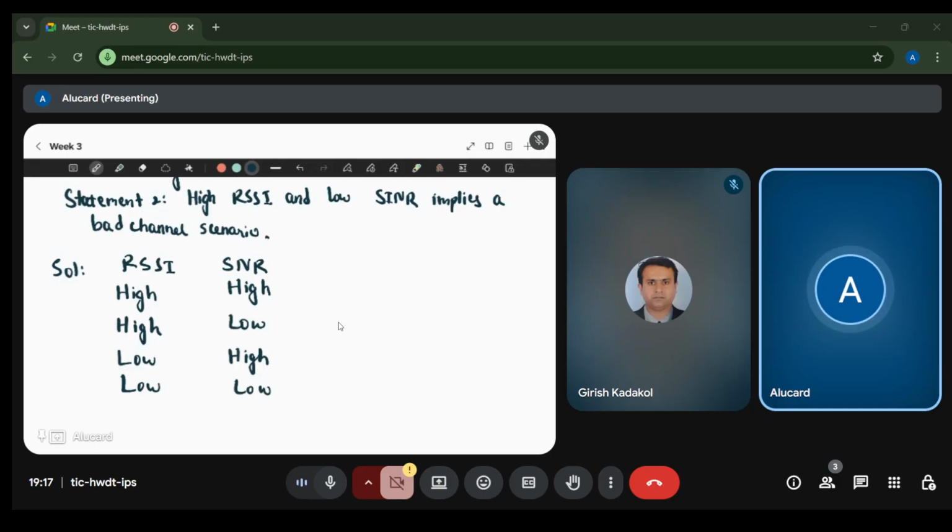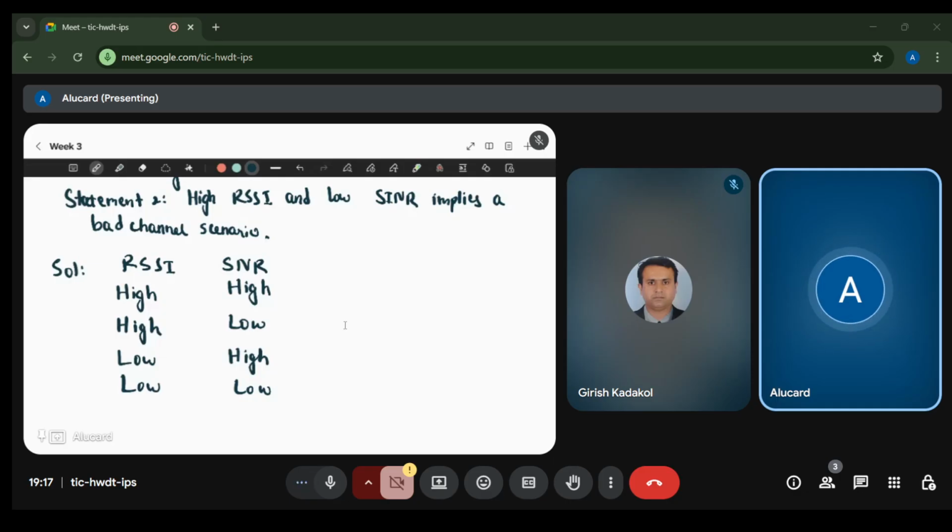That gives four possible combinations for your RSSI and SINR. RSSI is the received signal strength indicator. So it measures the received power directly, and it can't really differentiate between noise, interference and signal power. It's just whatever you receive, including all the extra components.